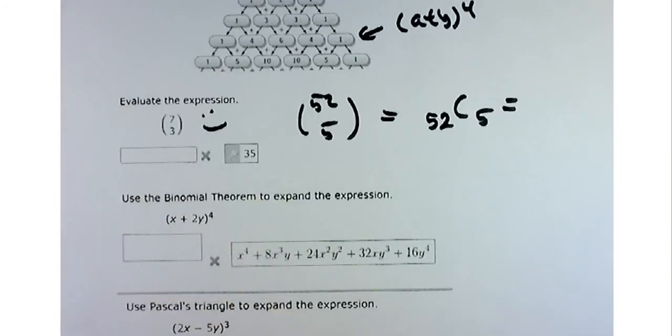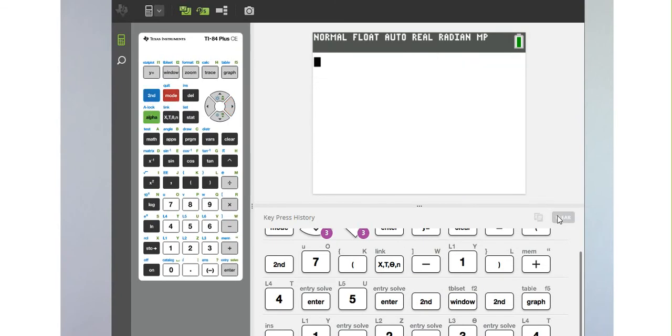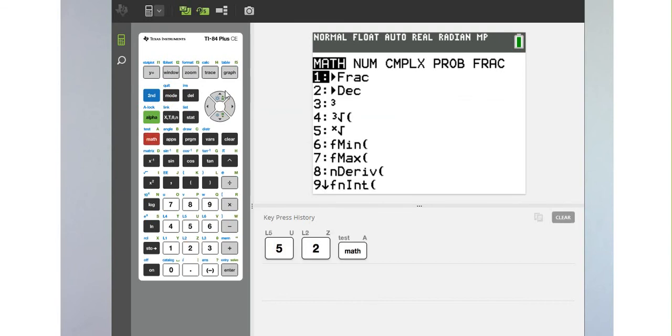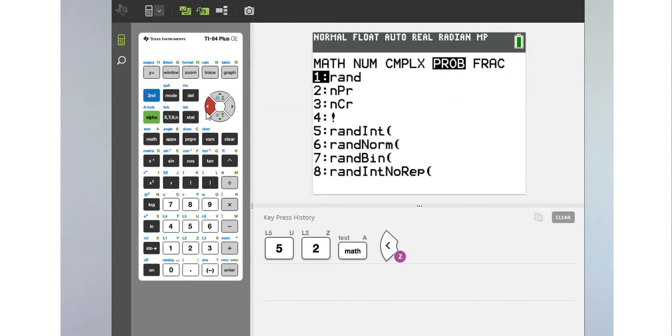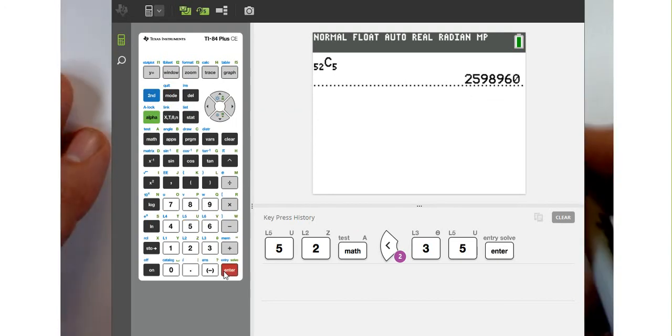So kind of real quickly, review that. Let me quit this, clear here. So I'll type in the number 52, then go to the math key, over to probability, third option down, 52 choose 5, a little less than 2.6 million. There you go. 2,598,960. Beautiful.